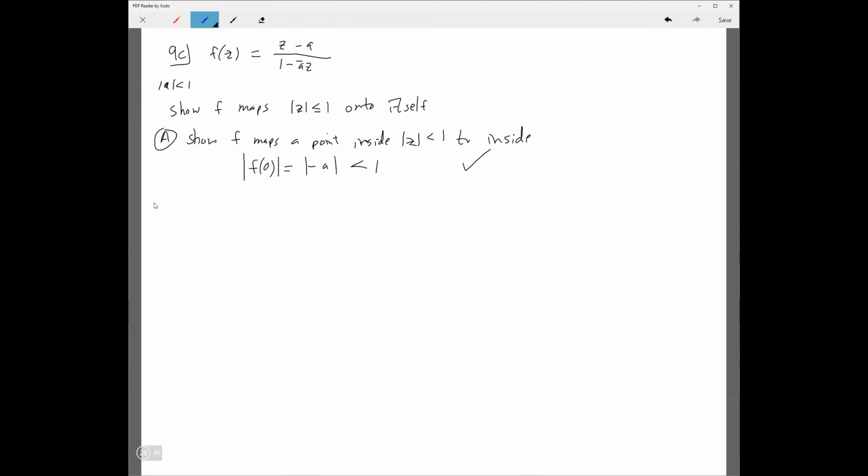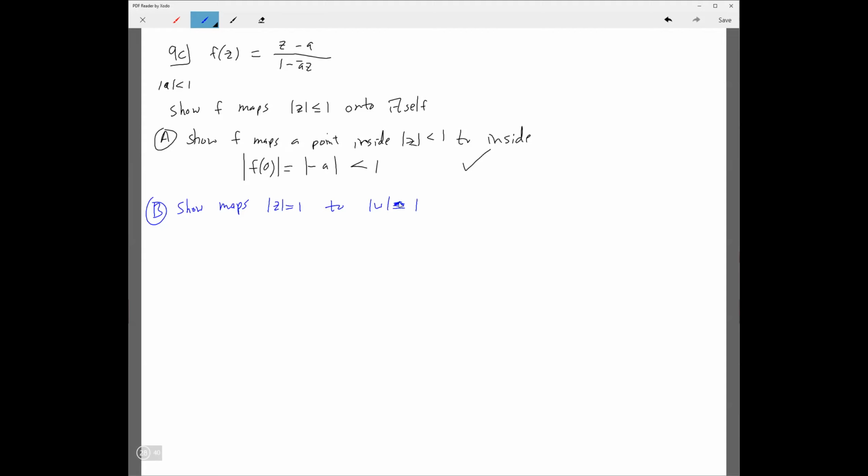Then the second part, you can show that it maps modulus of Z equal to 1 to modulus of W equal to 1.